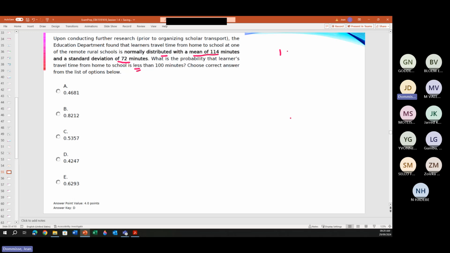Okay, so divided by the 72. That is how we are going to work out the Z, but then that Z will be less than.